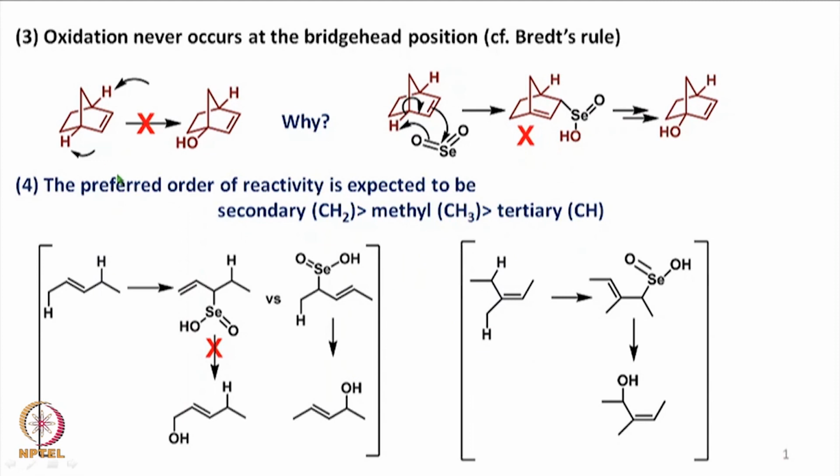Obviously, according to the fourth rule that we discussed just now, the oxidation here occurs, and that happens proceeding via this particular selenium intermediate, which is obviously a tri-substituted double bond, and therefore that leads to the formation of this particular allylic hydroxy compound.